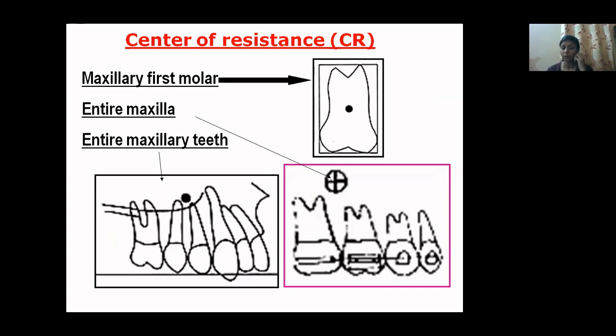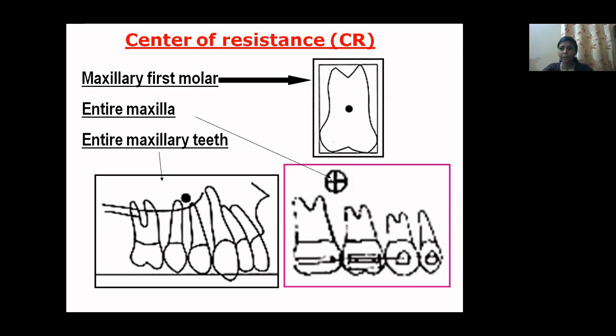As we all know, the changes we want depend greatly on where our line of action of force is passing, and that is dependent on the center of resistance. For the maxillary first molar, the center of resistance lies at the furcation area.